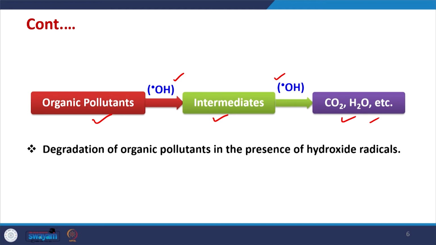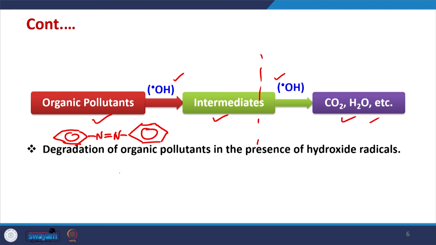Now, sometimes if any of the AOP actually stops at this place only, then there is a problem. An example is many of the dyes, like azo dyes. Azo dyes have a structure similar to this. They will be connected by an azo bond, and then some other group may be present on the other side.